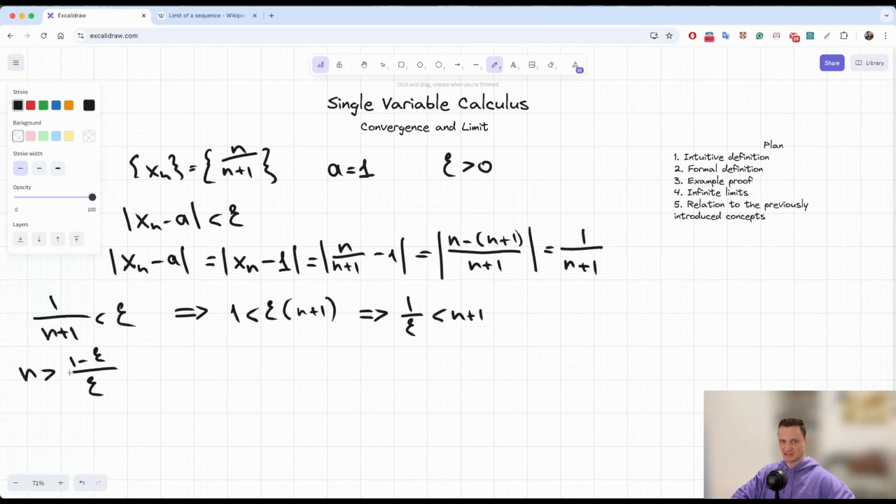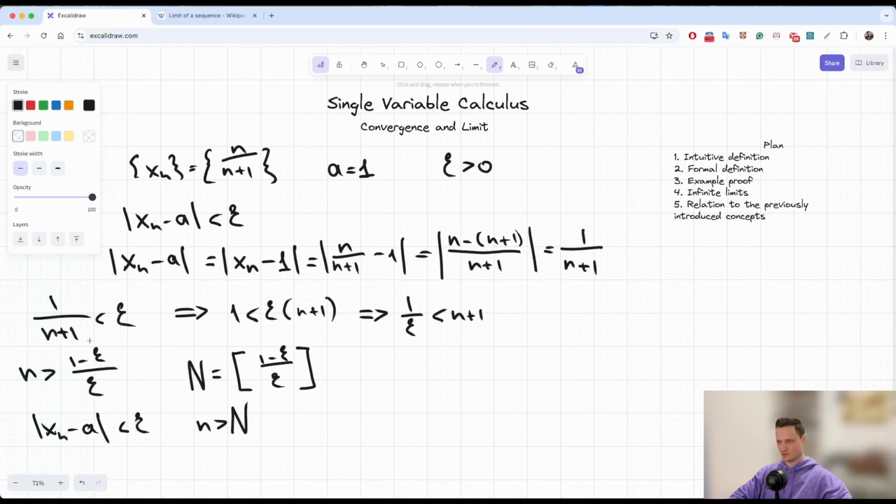And this is needed again to make sure that this inequality holds. Therefore, we can take n large as the whole part of this right part of the inequality. So this is the right part, and therefore this inequality will hold for any n more than n large. Why?